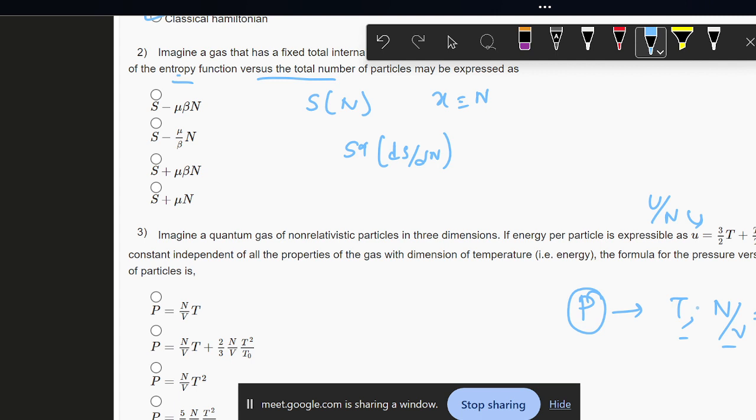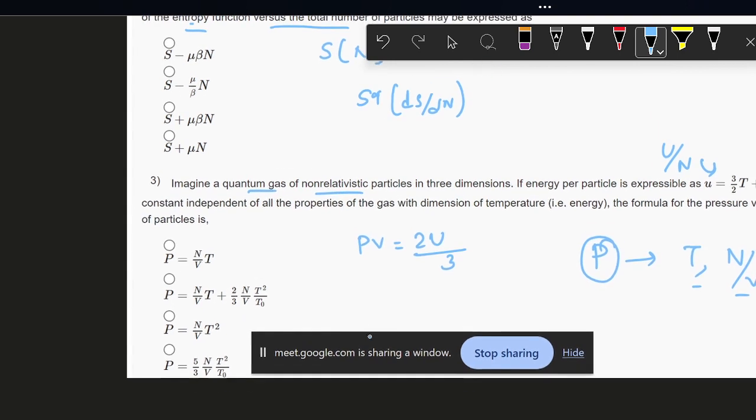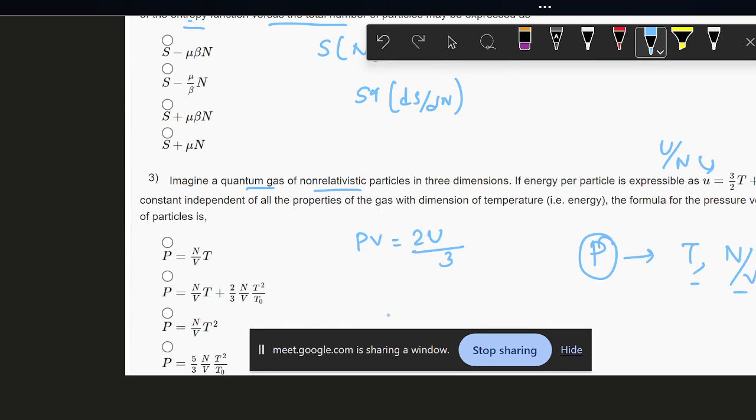Remember, this is a quantum gas of non-relativistic particles, so you know the equation of state: PV is equal to 2U by 3, where U is the total internal energy. This is enough of a hint to solve this problem: you just have to use this value of small u, and you directly get capital P, the pressure, as a function of these other terms. So this is your hint.